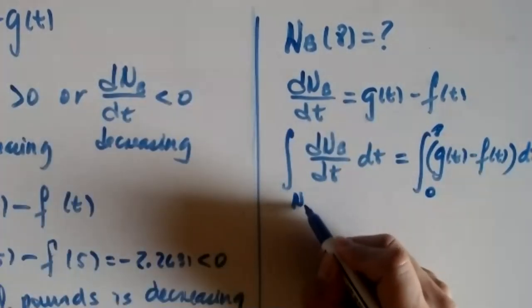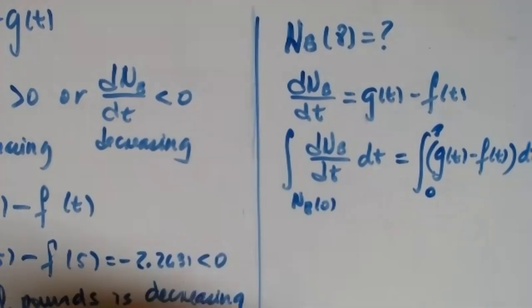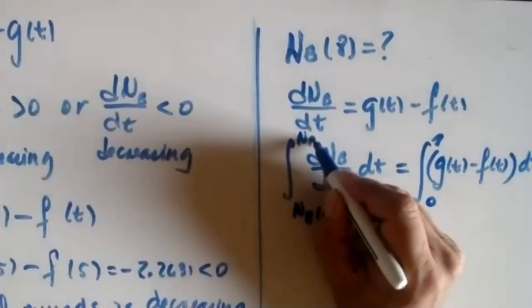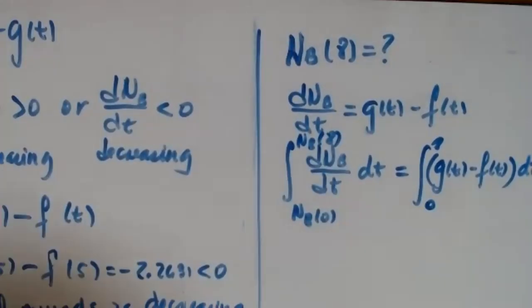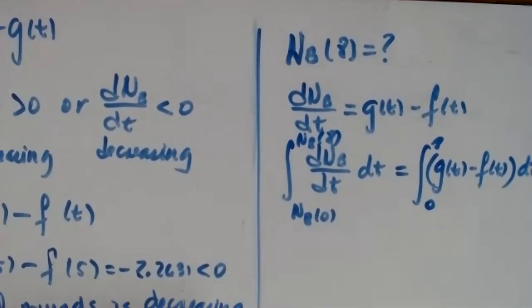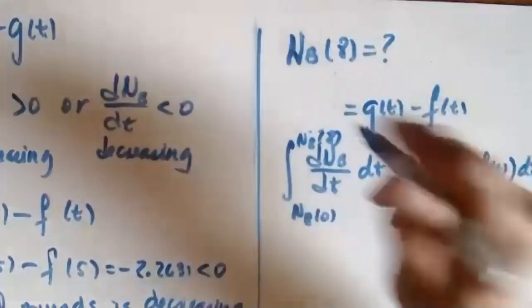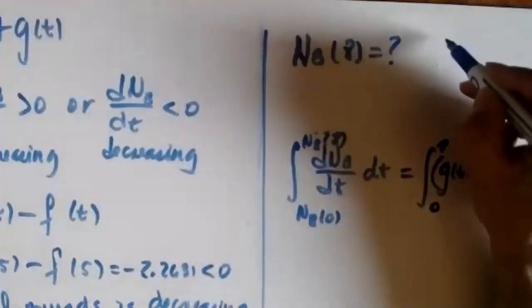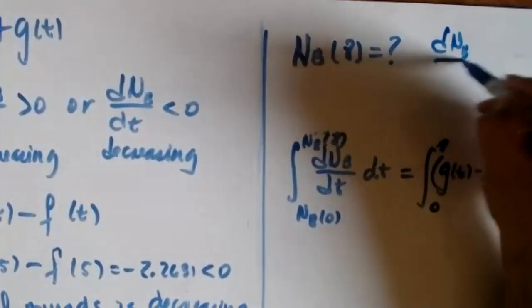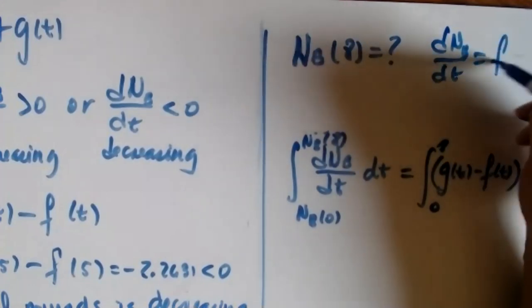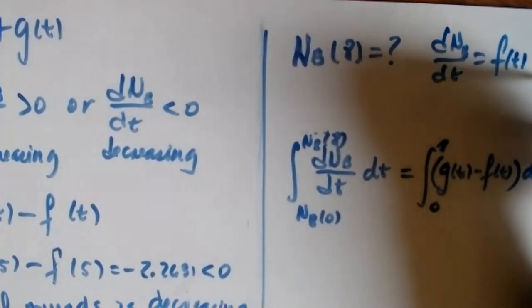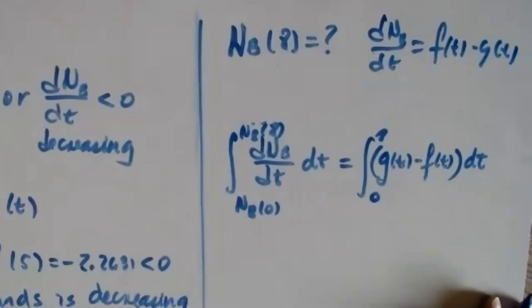From N_B at 0 to N_B of 8. Okay? Let me just put this one a little bit more. So the N_B of t equals f of t minus g of t. Okay, let me just put it right there.